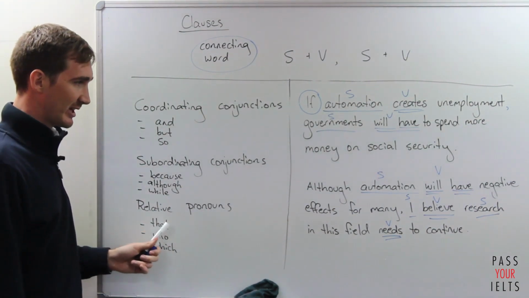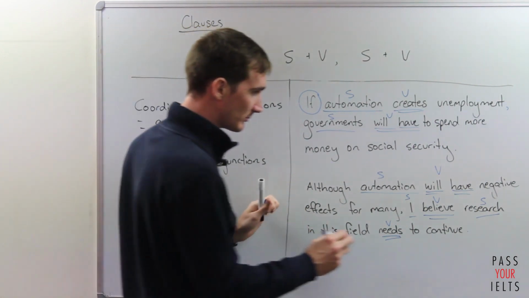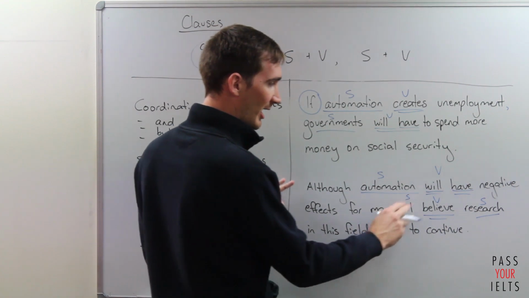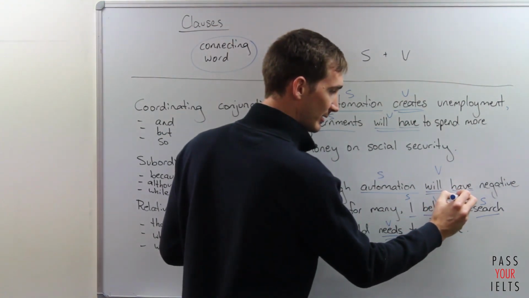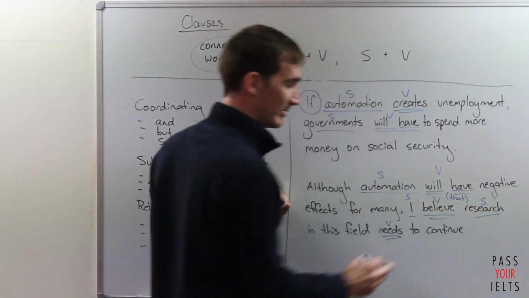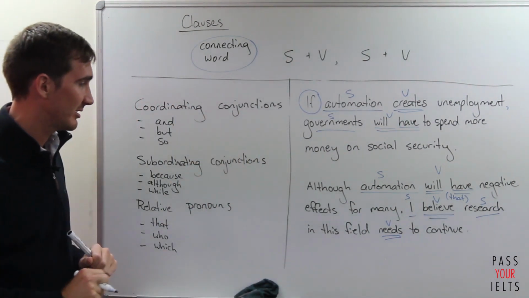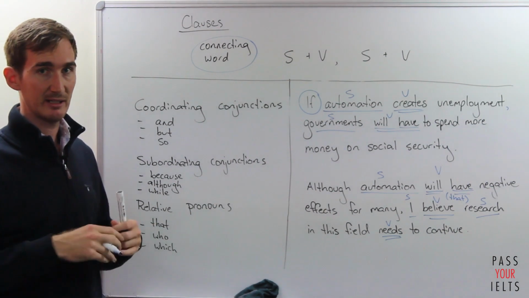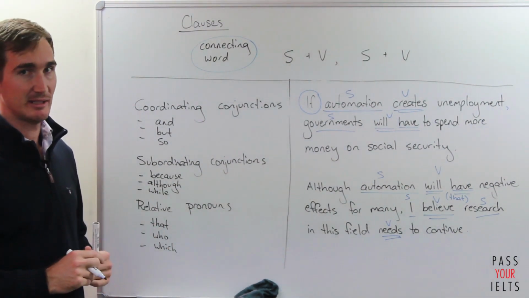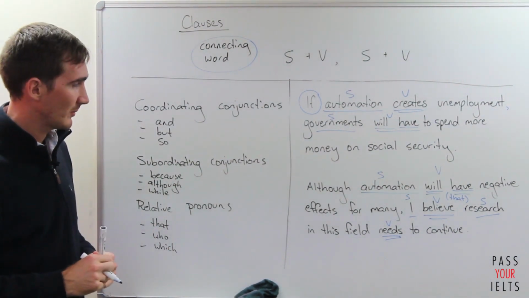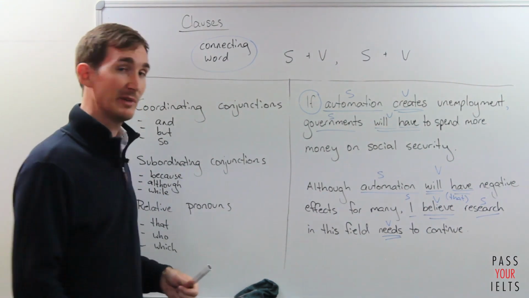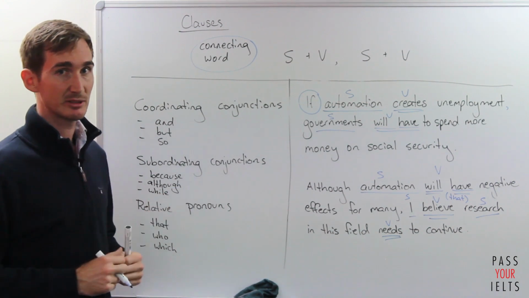It's a relative pronoun, that. We have research in the field. Before that, I believe that research in this field needs to continue. You've actually got a connecting word there, and it's that, but sometimes that is optional. So there we go. Subject, verb, subject, verb, subject, verb. And we have a connector between each clause.